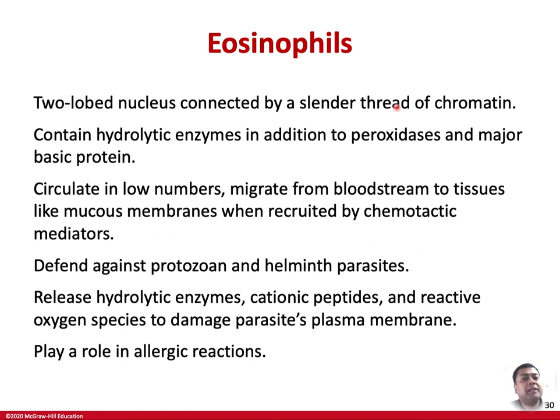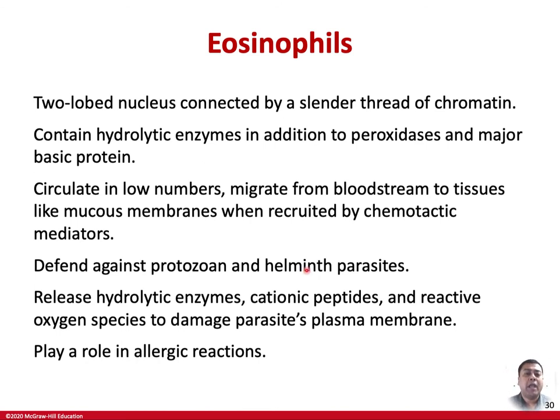What we mean by that, they will remain in the circulation unless they are called in by specific cytokines or specifically some of the chemokines, which are the chemotactic mediators, when there is a tissue invasion by some of these pathogens.